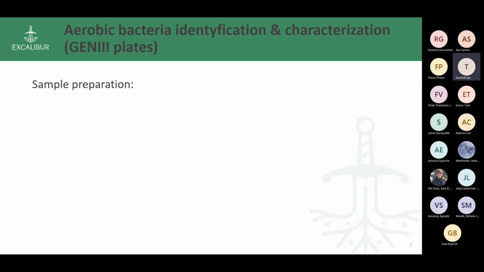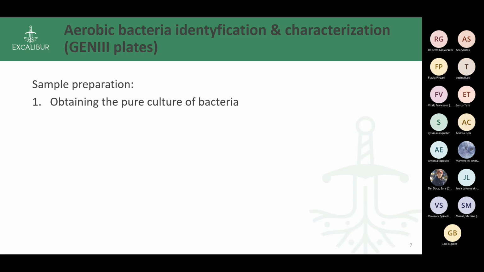So first of all, to perform studies with bacteria with the use of GEN III plates, we need to prepare a sample in the right way. First, we need to obtain the pure culture.